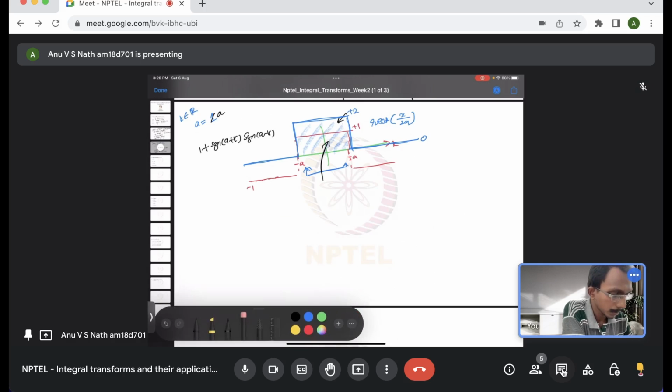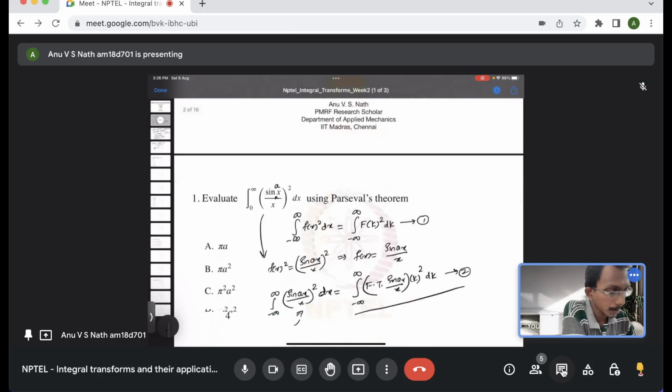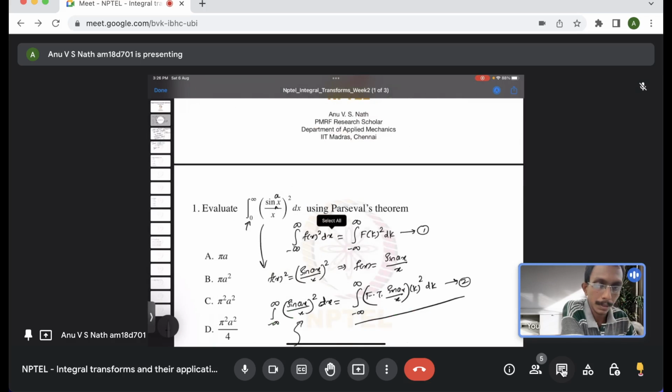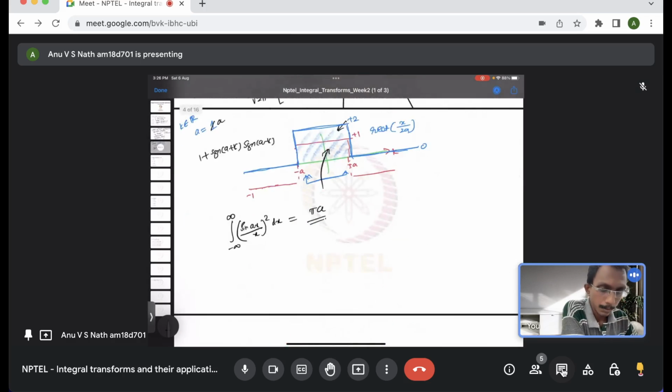The question was asking to evaluate the integral of sin ax by x the whole square dx from minus infinity to plus infinity, and now we got its value is pi a. But I made a mistake, I think. In the question the lower limit was actually 0. So if it is 0, you know what to do, right?